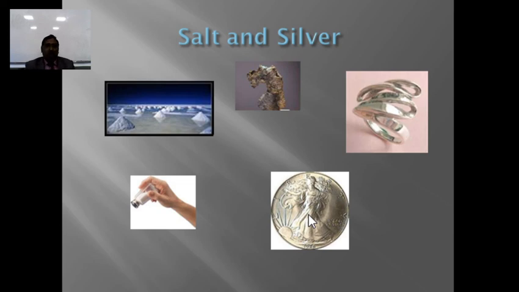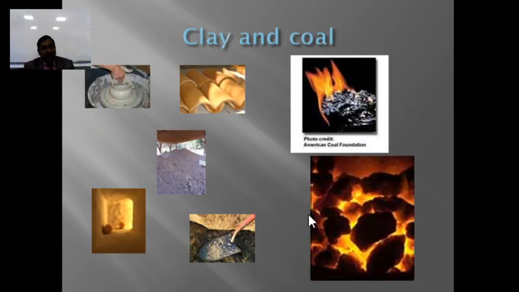So this also we get from our Mother Nature. The different minerals. Clay and coal are used for various purposes: construction, tile making, and as fuel for burning, for cooking, in industries.